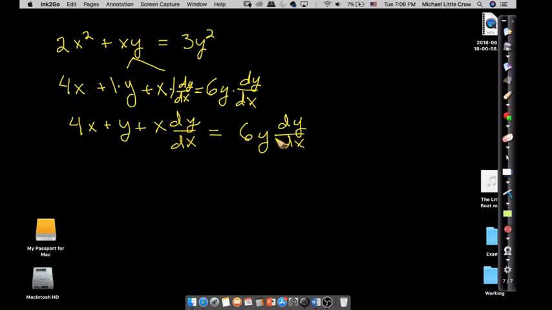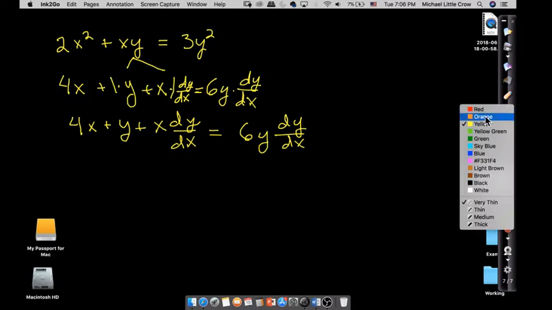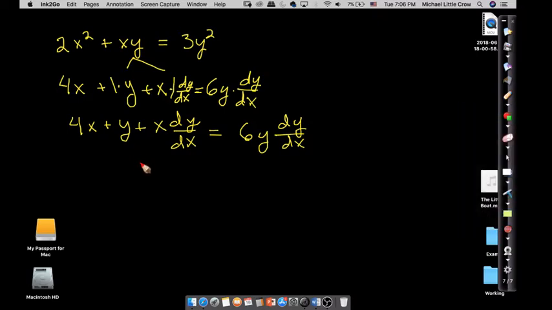Since this side only has one thing, if we subtract x dy dx from both sides, see, the algebra is just kind of not really nice. Okay, what happens here? Plus x minus x, 0, it cancels.